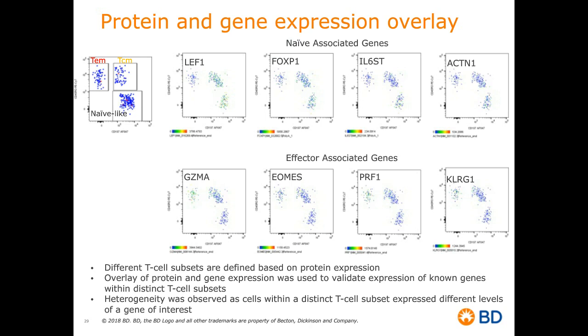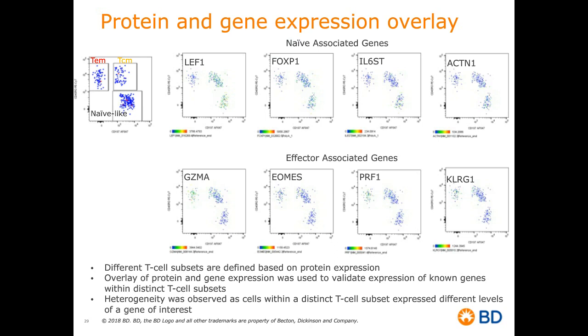So this is a very quick and easy way to confirm the pattern of expression of genes and proteins. But what this information also tells us is that granzyme A is pretty much homogeneously expressed by effector memory cells.